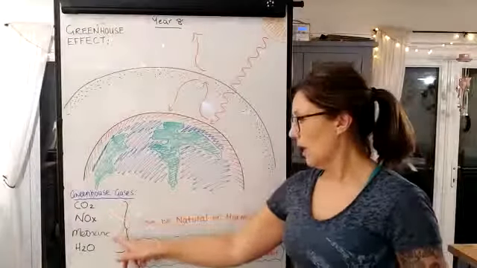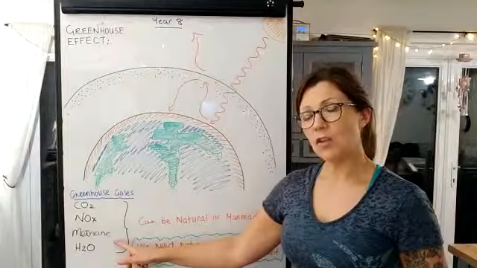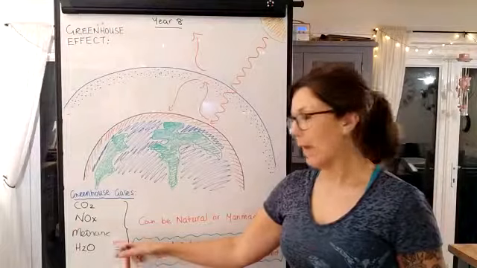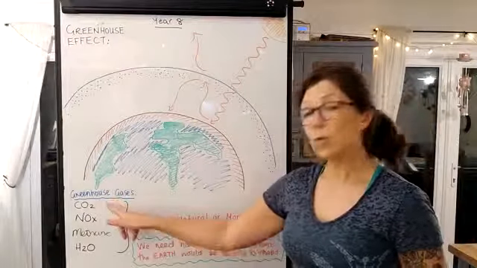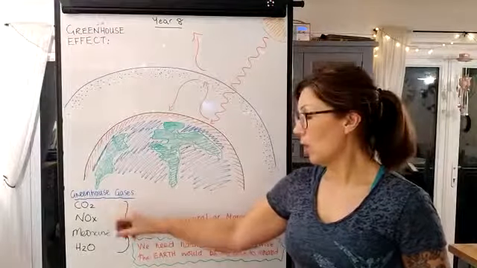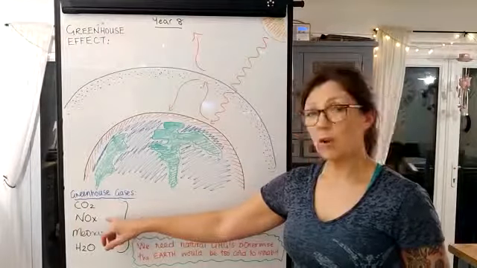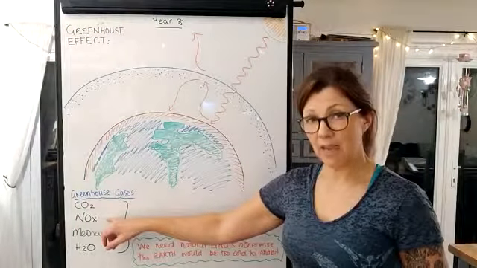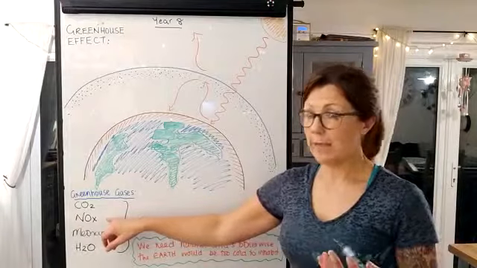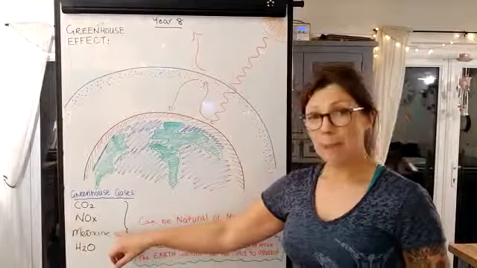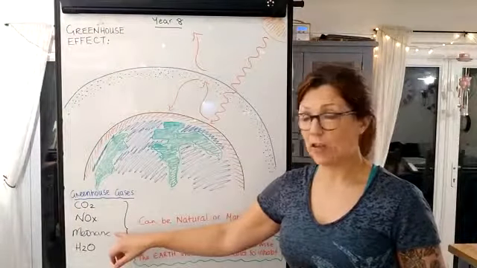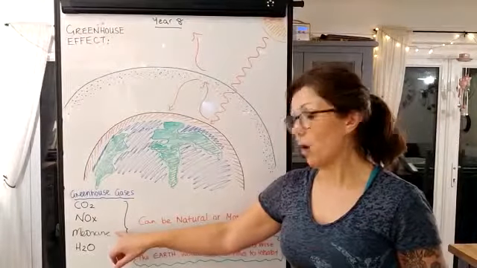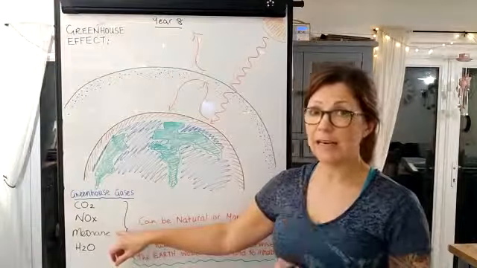So as I said before, the amount of industrialisation that we've got, the amount of people on the planet, and the amount of fossil fuels that we are burning increases carbon dioxide. The amount of nitrous oxide is increased by the amount of industry that we have, or the amount of planes that go up into the atmosphere. The amount of methane is increased with breeding of cows, etc. And the growth of rice and things like that can release methane.